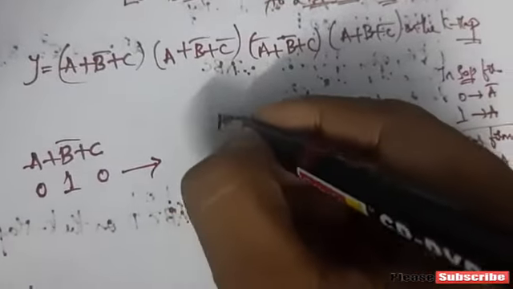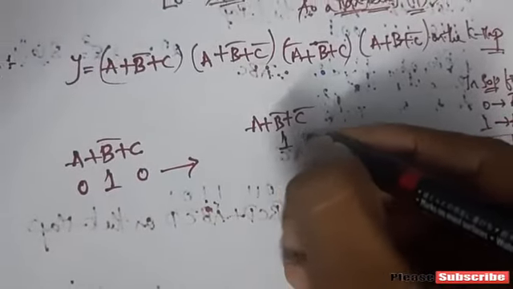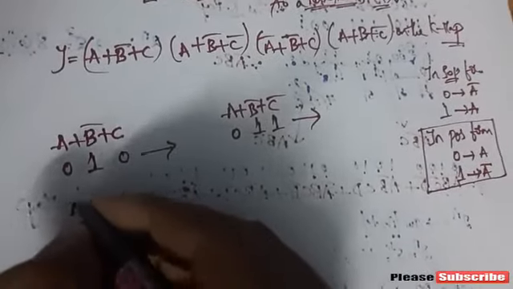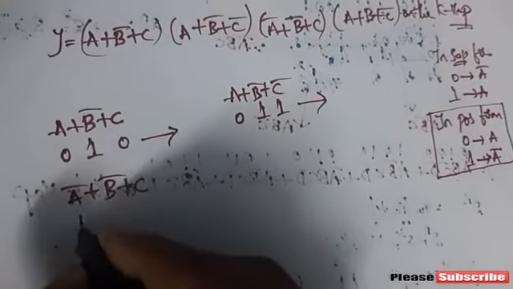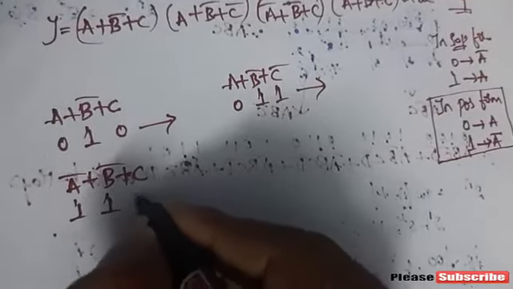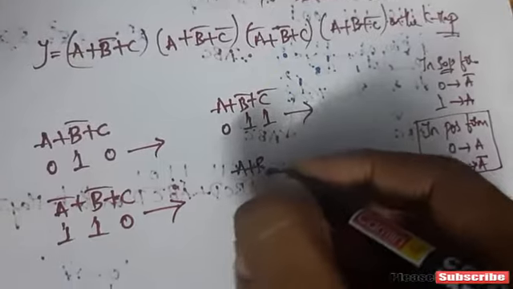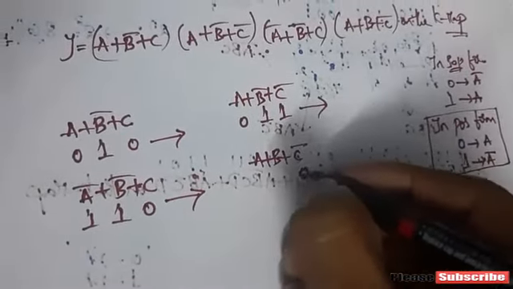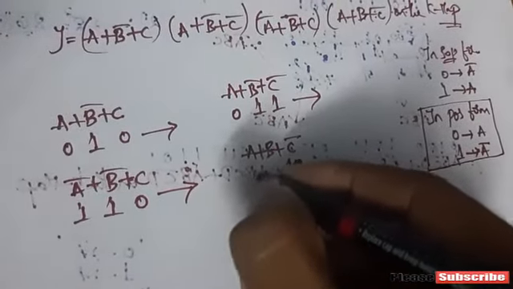Next A plus B bar plus C bar: bar will be 1, so 0 1 1. Next A bar plus B bar plus C: bars will be 1, normal term will be 0, so 1 1 0. Next A plus B plus C bar: bar will be 1, so 0 0 1.